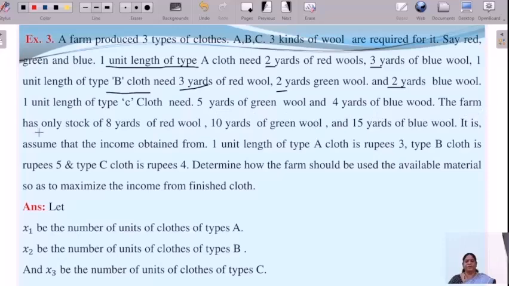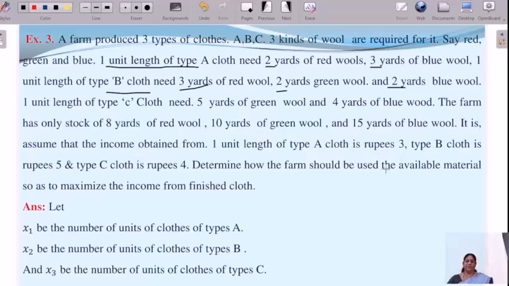The farm has only stock of 8 yards of red wool, 10 yards of green wool and 15 yards of blue wool. It is assumed that this is constant. It is assumed that the income obtained from 1 unit length of type A cloth is rupees 3.